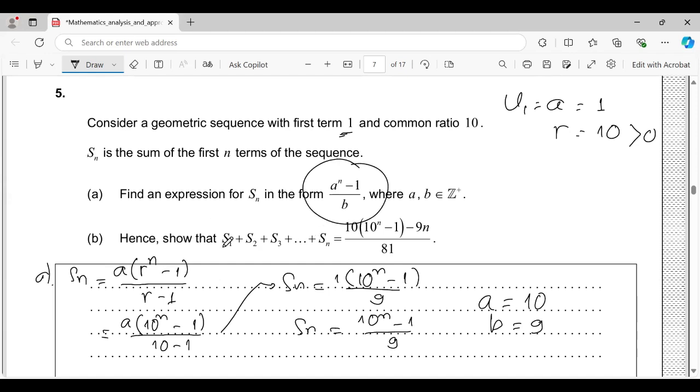Hence, show that S1 plus S2 plus S3 and so on till Sn equals 10 multiplied by 10 to the power n minus 1 minus 9n over 81.